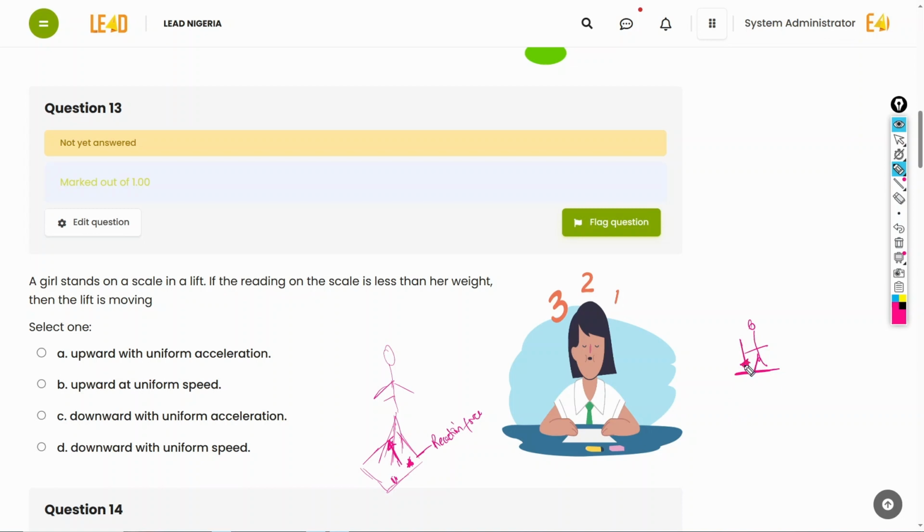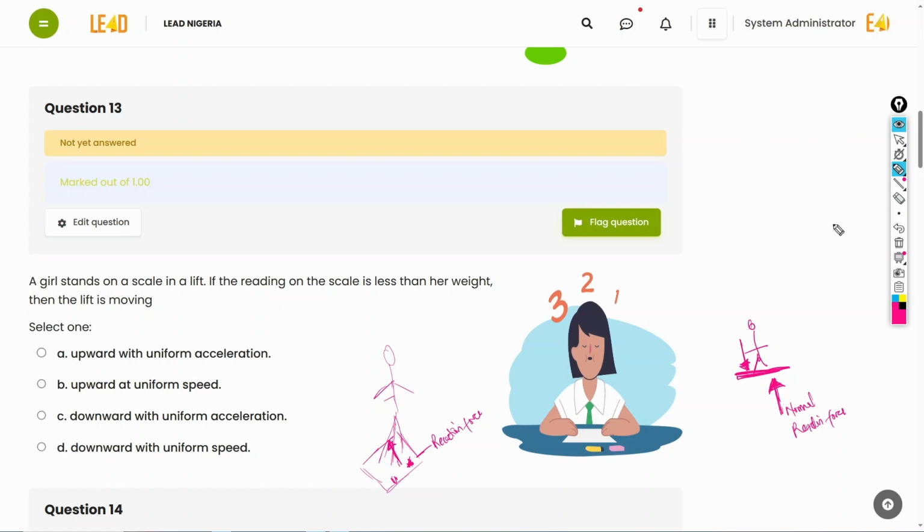By Newton's third law of motion, and also Newton's first law, there would also have to be an upward force balancing out the person's weight. This upward force is the normal or reaction force that the scale reads, not the weight of the person. So once you know that, you can now begin to actually analyze.